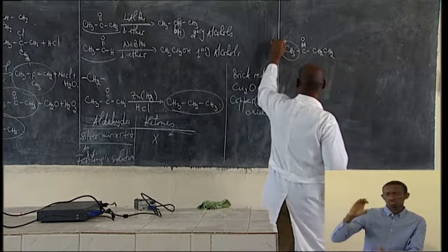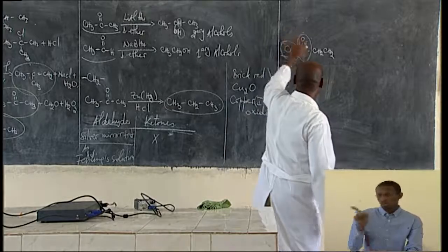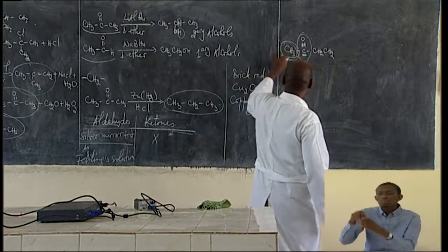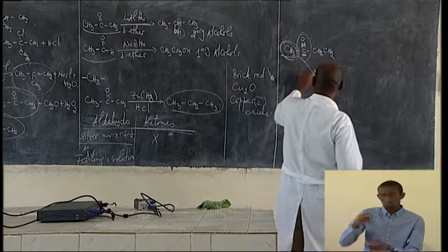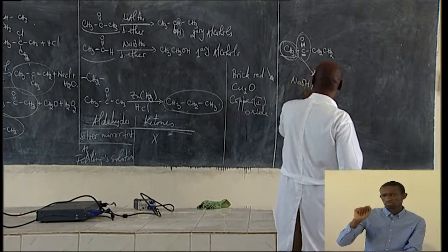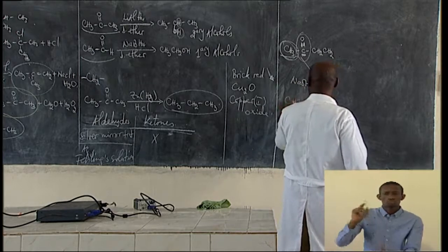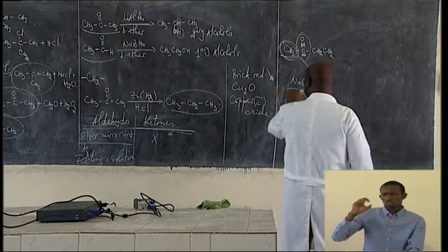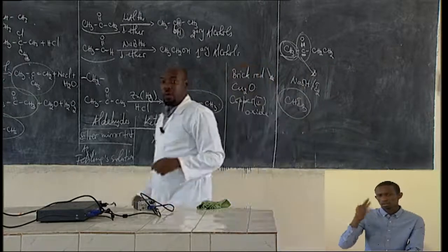So we have a methyl group on one side of the carbonyl group. Because of this, when we treat it with sodium hydroxide and iodine, we produce CHI3, the compound we call iodoform.